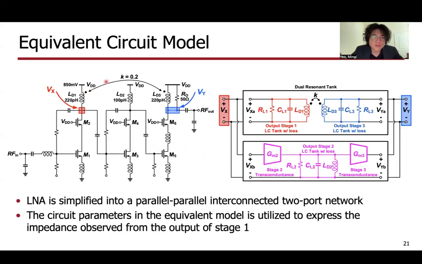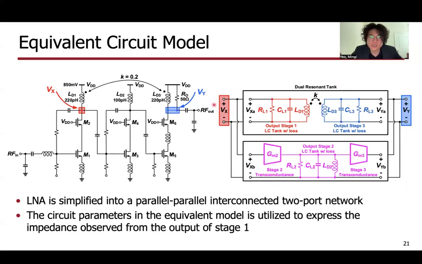First, starting off with the interstage magnetic coupling, we would like to observe the impedance looking into the red node here, the output of stage 1, and also create an equation expressing the output impedance looking into the output of stage 3. To do that, we use an equivalent circuit model.